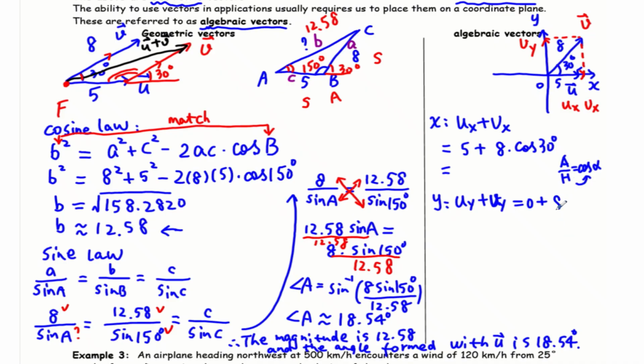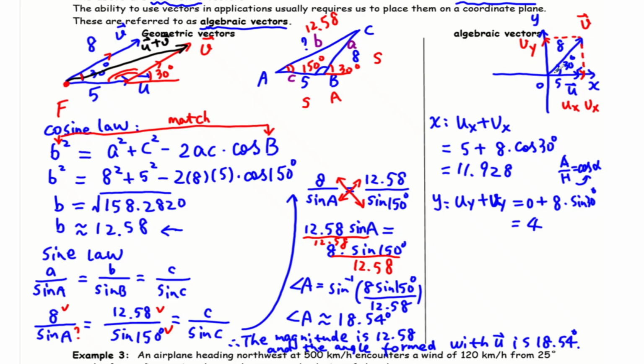So 8 times sine 30 degrees. Then use your calculator, you can find the x and the y component. So 5 plus 8 cosine 30 degrees. Make sure your calculator is in degree mode. It will give you 11.928. And 8 times sine 30 degrees gives you 4.